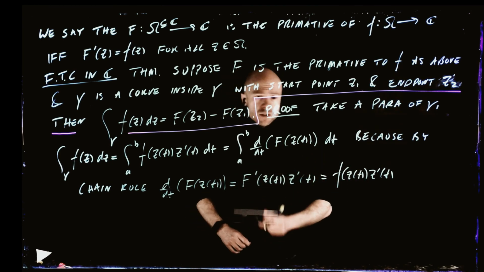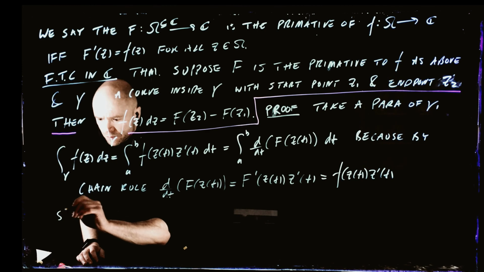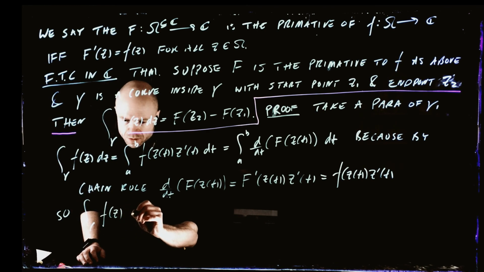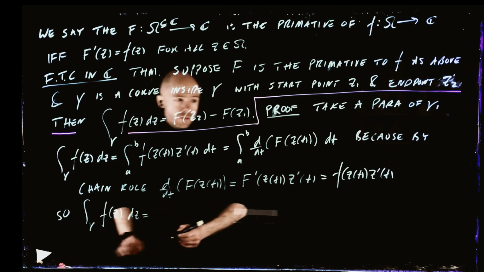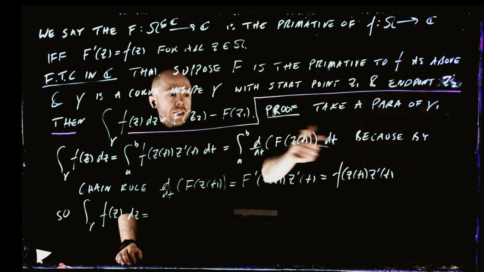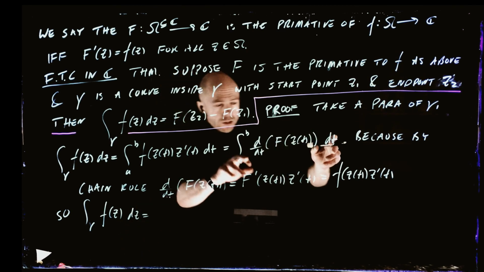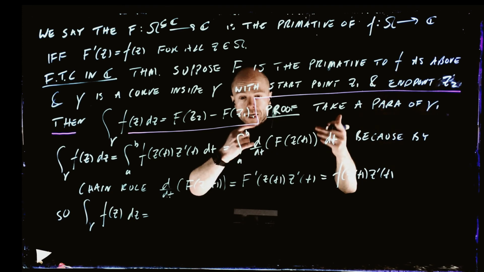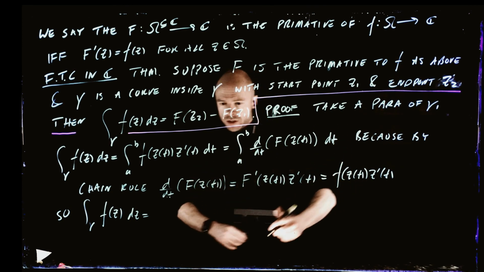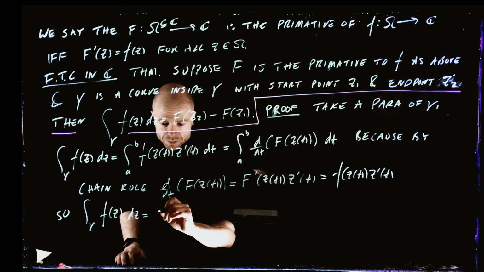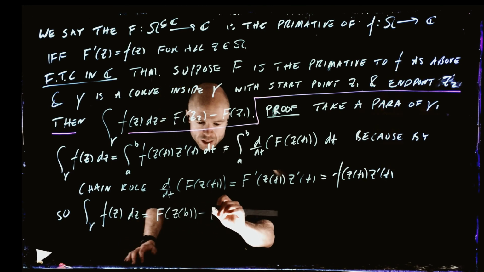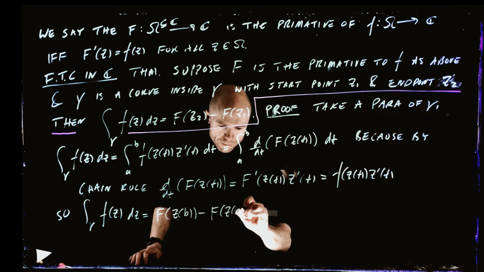And then, therefore, this expression here we can evaluate just using the fundamental theorem of calculus itself. So this is equal to capital F of z of b minus capital F of z of a.